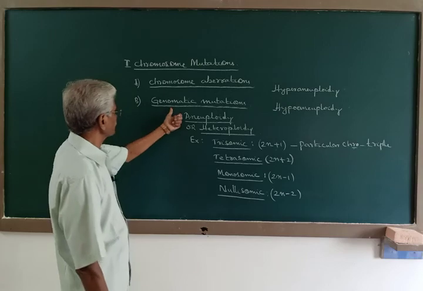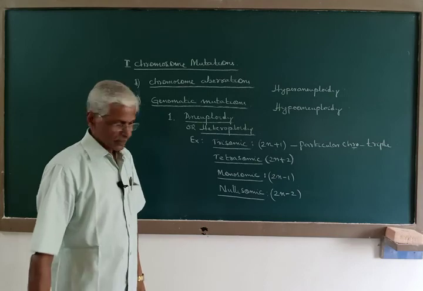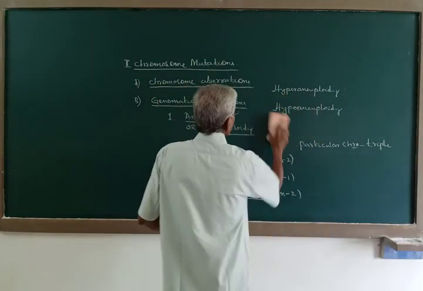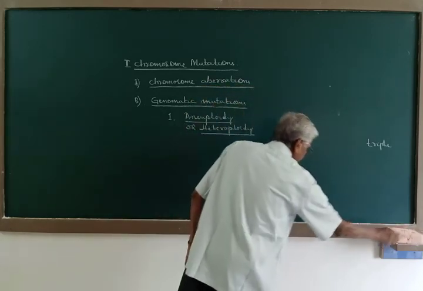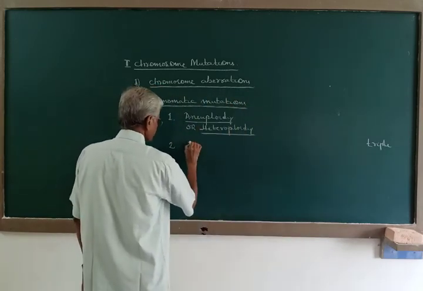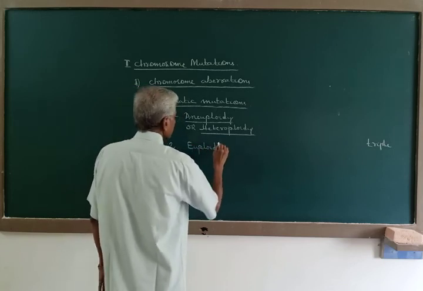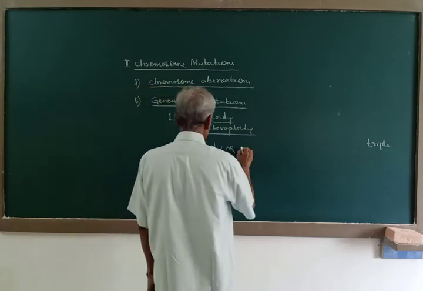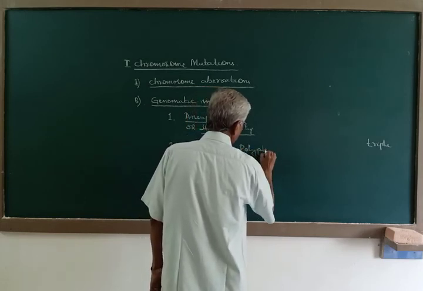So this is one type of change in the chromosome number, one type of genomatic mutation called aneuploidy. The other type of genomatic mutation is euploidy. Euploidy is also called polyploidy.